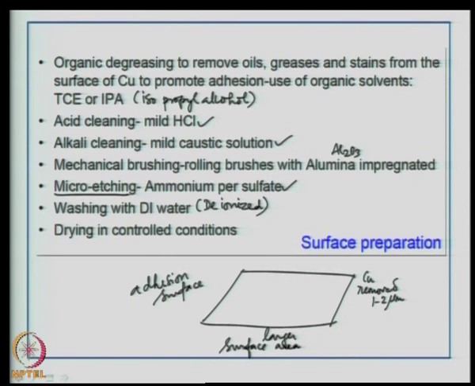So, all of these or a few of these, let us say you can use micro etching first, or first you can do an organic cleaning, then you can do a micro etching, then you can do a mechanical brushing, and finally, a quick acid rinse, neutralizing with an alkali rinse, and then washing with DI water and drying in controlled conditions.